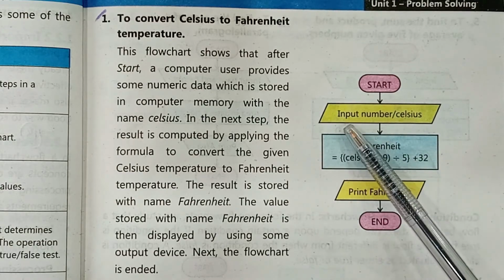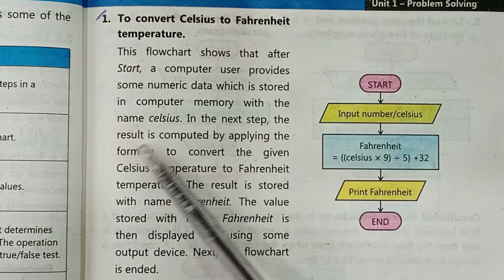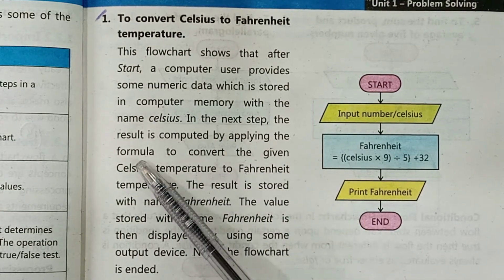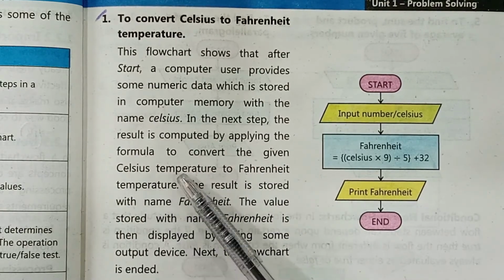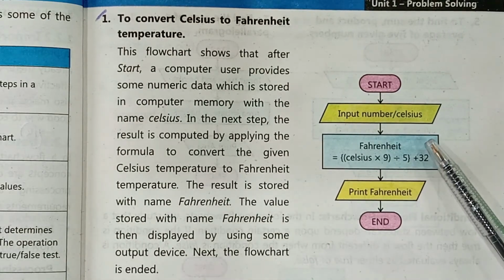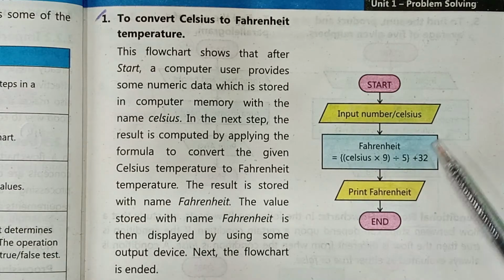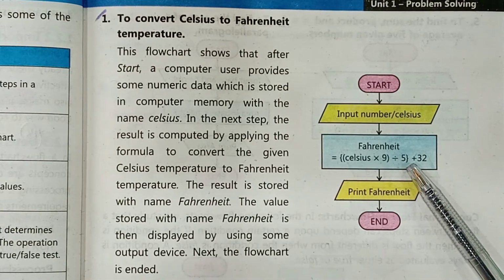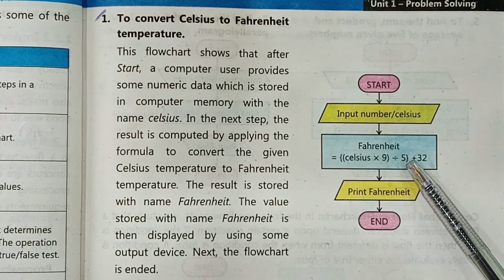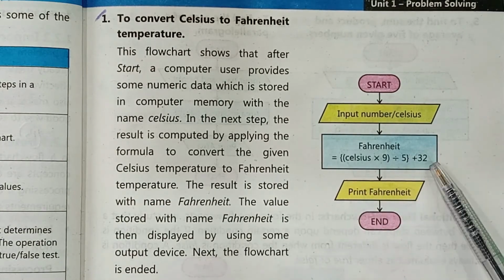Means our input is Celsius. In the next step, the result is computed by applying the formula to convert the given Celsius temperature to Fahrenheit temperature. In the question, we have to convert Celsius to Fahrenheit temperature. So, we have to put the formula to convert Celsius into Fahrenheit temperature. This is the processing of the flowchart.